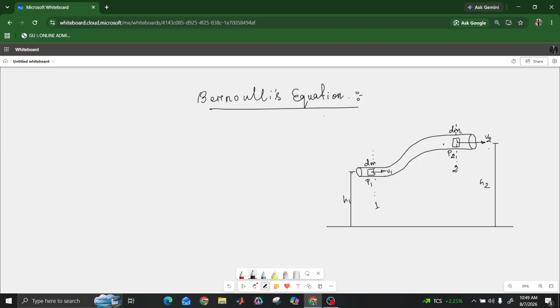We already learned the continuity equation: rho1 A1 V1 is equal to rho2 A2 V2.